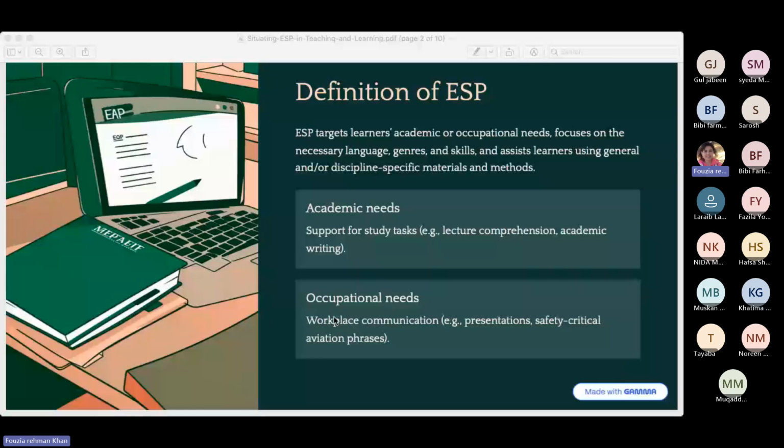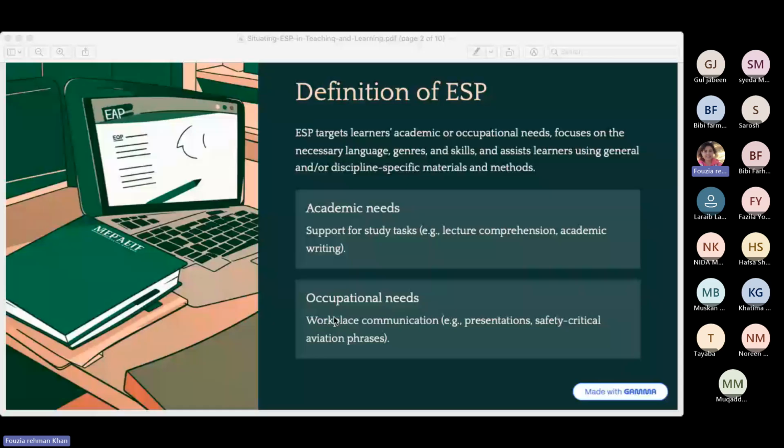Then there is an example given in your books also. I've actually shared a book, and this is chapter 1 from there. So there's an example of what happens in the Japanese university. There are ESP courses which help the science students to learn how to listen to and understand content lectures given in English through a process of note taking and discussion.